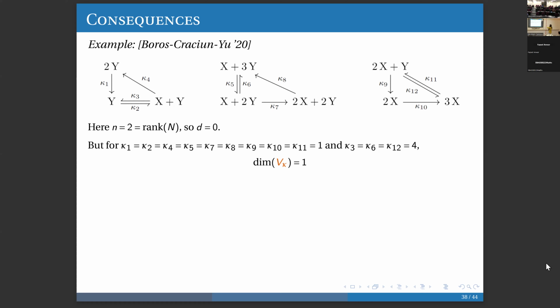So only by looking at the structure, you know that in that case there cannot be infinitely many positive steady states in any, or in most, stoichiometric compatibility classes. You know that the dimension, so the amount of steady states, will be what you expect. So this you can say already from the structure of the network. I don't know if that answers your question, or it was more the other way around.